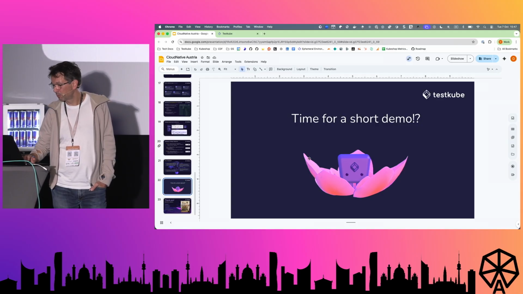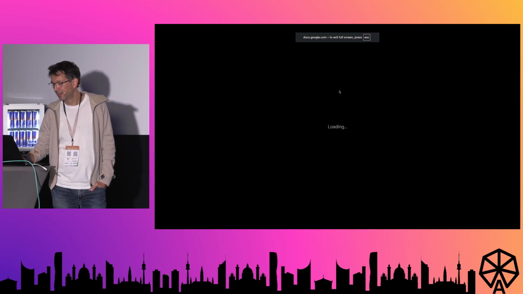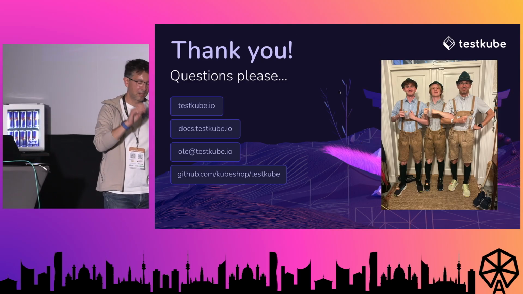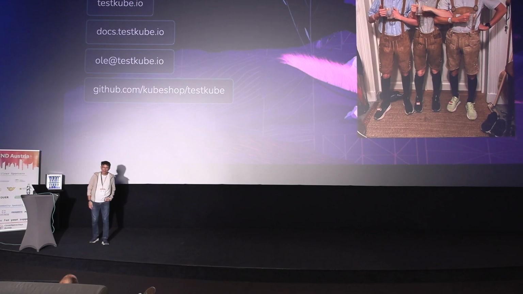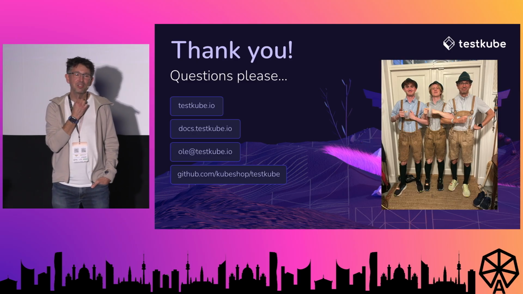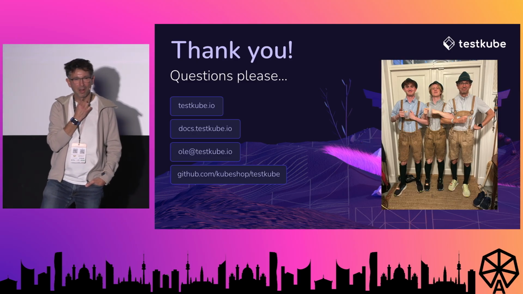And I actually had only one more slide, which is this one. As I was so impressed by your attire, I had to add this picture. This is me and my 2 sons. We ran a 10K run in Stockholm in the middle of the night with lederhosen. Continuous testing of lederhosen. It took about an hour.